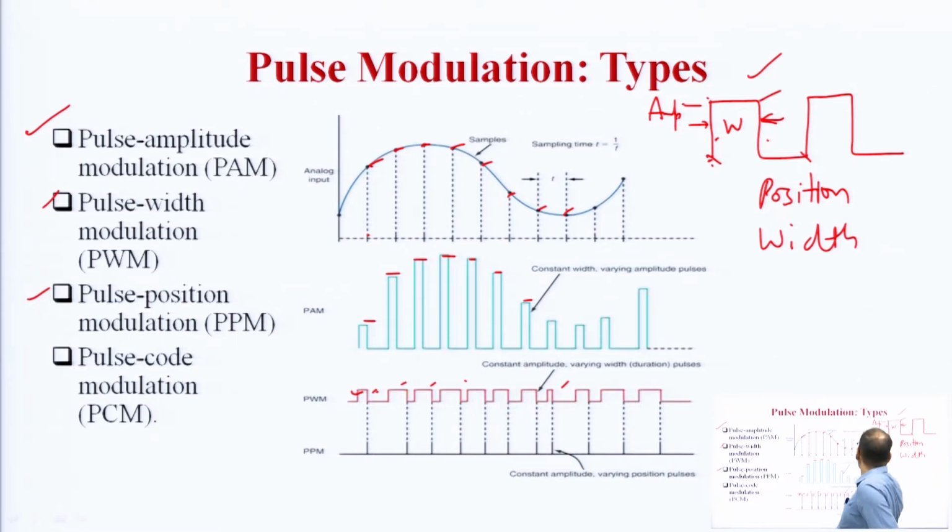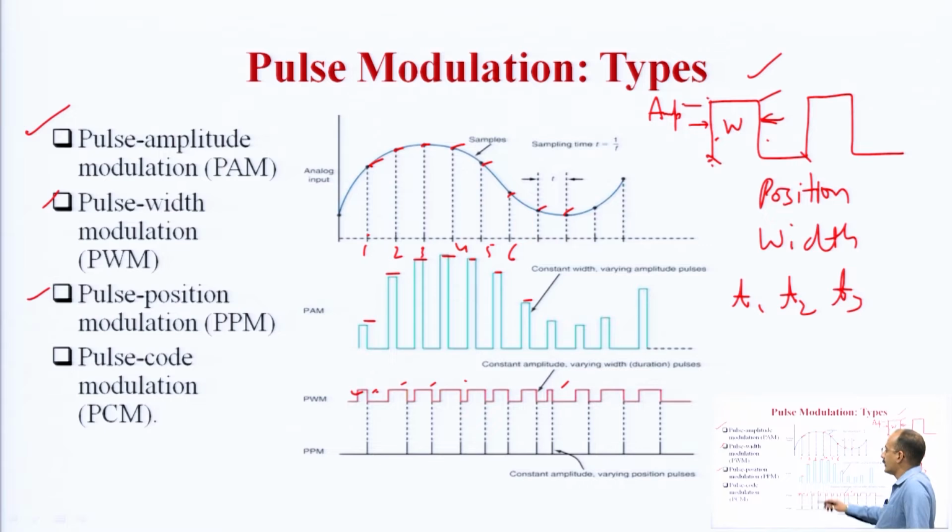You get the pulse at T1, T2, T3 times, and for each of T1 to T6 and Ts times you generate the samples. The amplitude of the sample is governed by the instantaneous value of the analog input.